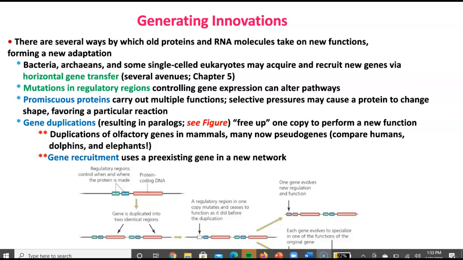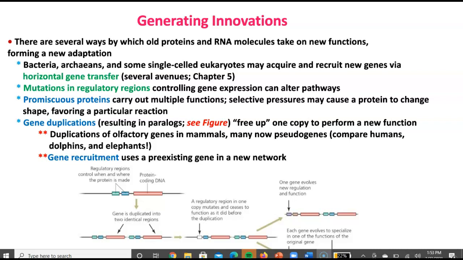And many of those genes in certain species of mammals that don't have a great sense of smell have become pseudogenes, so they've been turned off. They're like fossils. Other types of mammals have an incredible number of olfactory genes through gene duplication that gives their sense of smell a mind-boggling magnitude.